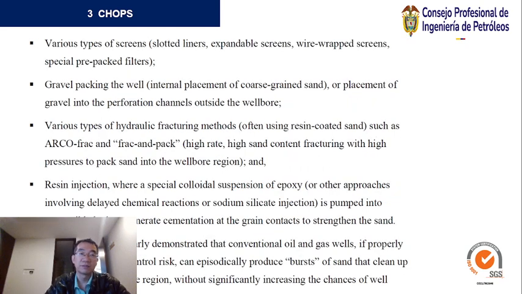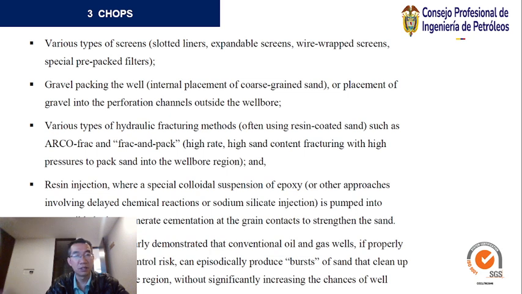Various types of screens, slotted liners, screens, wire-wrap screens, and special pre-pack filters. Gravel packs, where internal placement of coarse grain sand, or replacement of gravel into the perforation channels outside the wellbore.